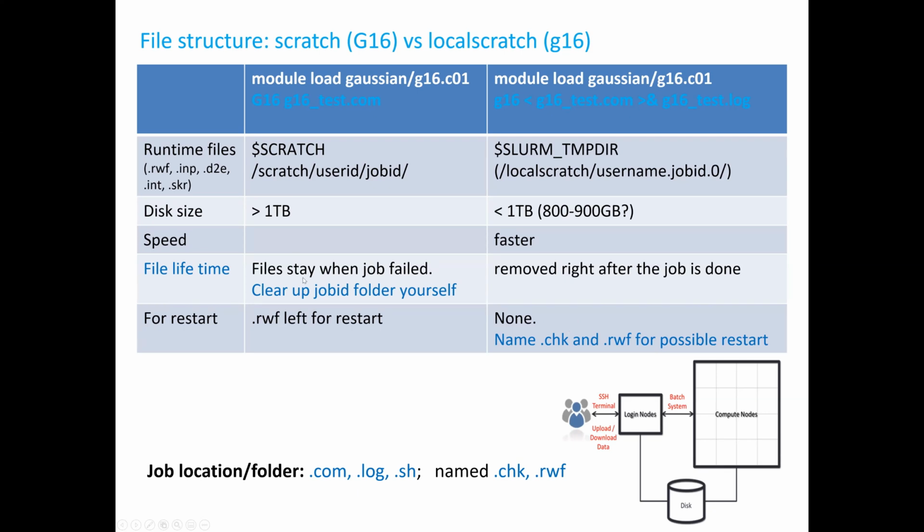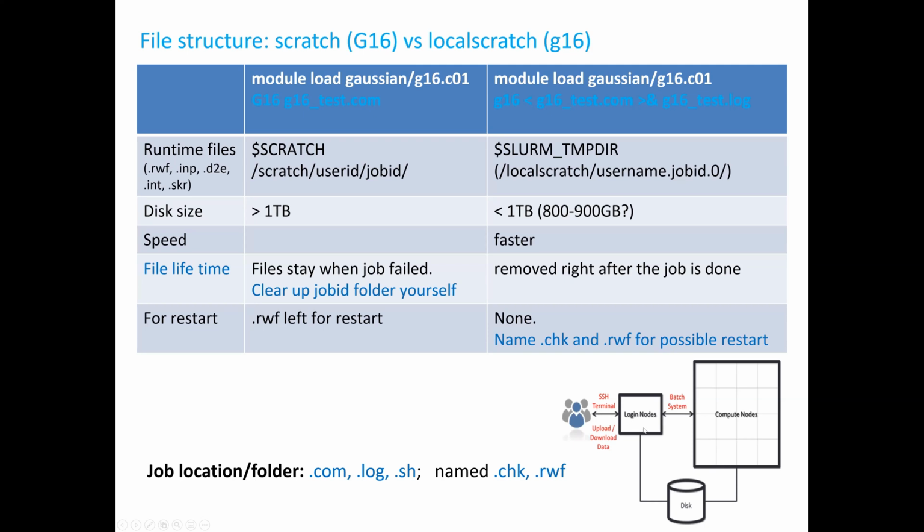However, if your job is saved in your scratch directory, your file is still there, so you can use it to restart. If you don't need the file, certainly there's another thing: you need to clean it yourself.